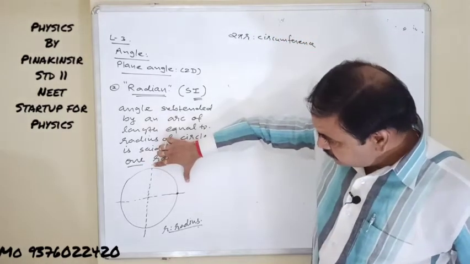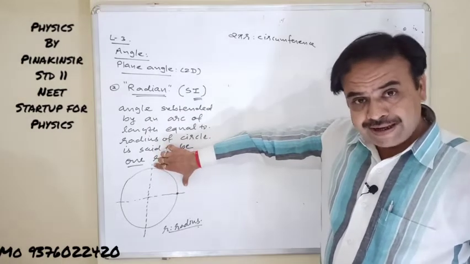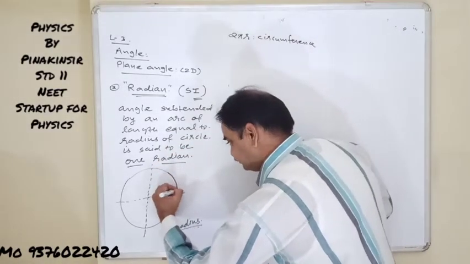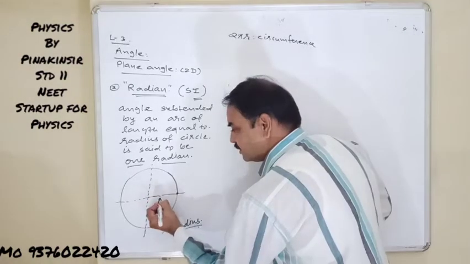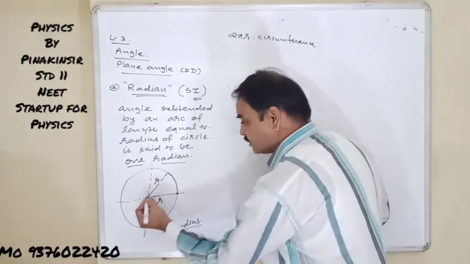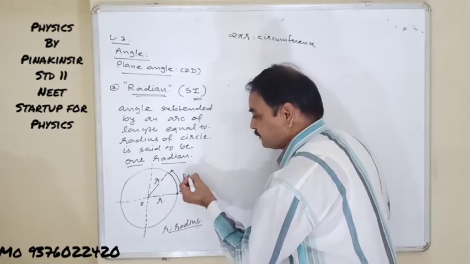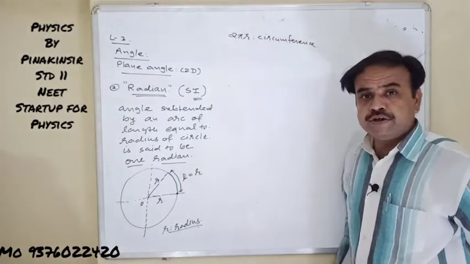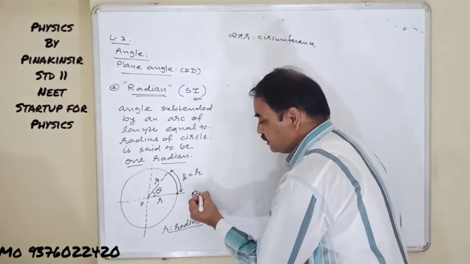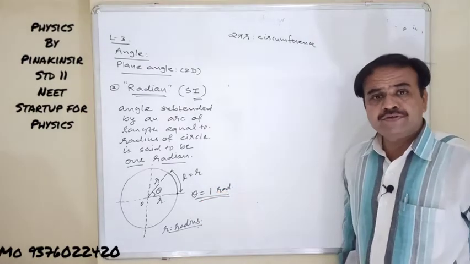Okay, that much length will be equal to fourth part of the circumference. Now, if we take length of arc to be equal to r only, say this much measurement is r, that much measurement is again r because it is radius, and if we take this much length equal to radius of circle, then that particular angle, say theta, will be equal to 1 radian. I think the definition is very much clear.